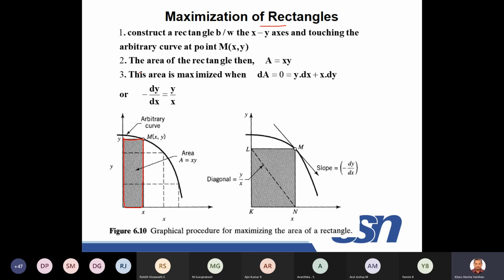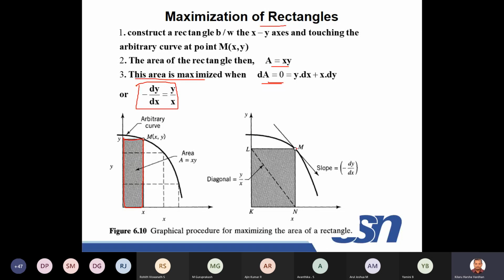How do you do this? You know that the area of this rectangle is x times y. How can you maximize this? If you want to maximize this, the differential should be 0. This area can be maximized when the differential is 0. You differentiate: y dx plus x dy is 0. That is nothing but minus dy by dx equals y by x.